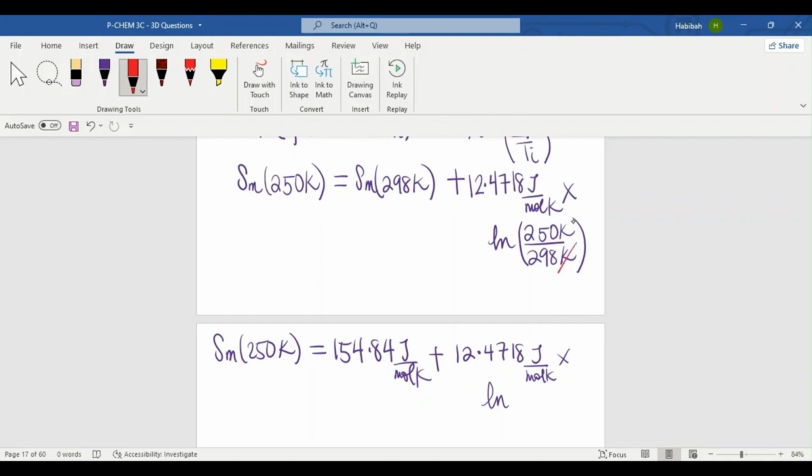We cancel out the Kelvins. 250 divided by 298 is the same thing as 0.83893.